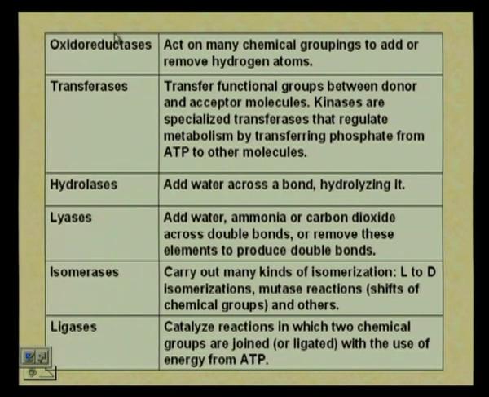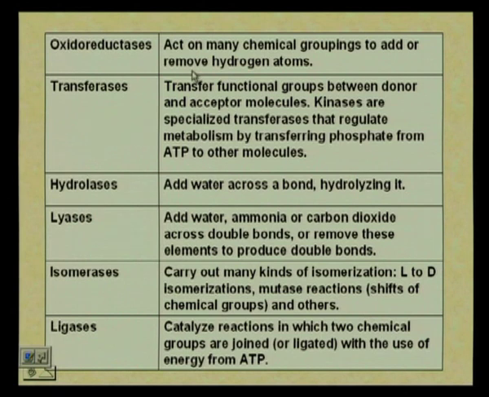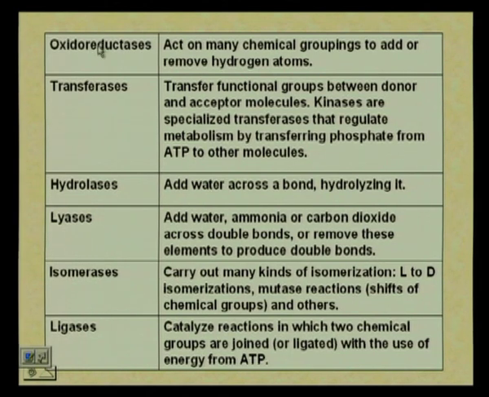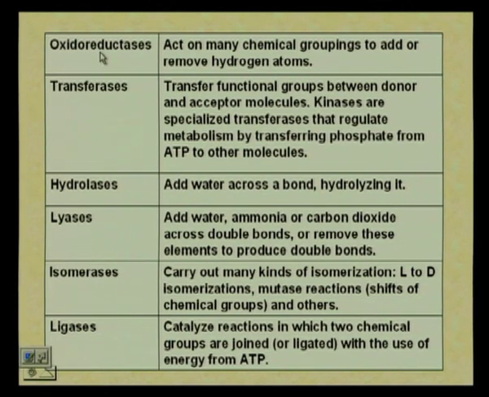An oxidoreductase would act on chemical groupings either to add or remove hydrogen atoms. So, from the name itself you can figure out the function of the specific enzyme. What is the oxidoreductase doing? It is involved in a redox reaction. It acts on groups to add or remove hydrogen atoms.